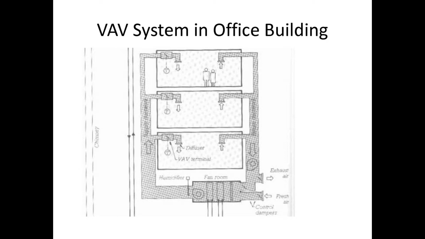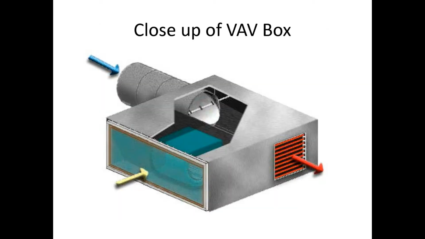But at each office or each office area, it goes through what's called a VAV box. And this VAV box has a damper in it, and the damper is connected to a thermostat. So when the thermostat says I'm hot, the damper opens and lets more cold air out. When it says I'm cold, the damper closes.